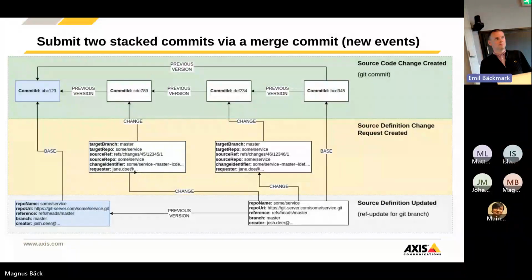Could I just swap the dimensions a bit? We have been talking about this being very Git focused and branch focused, and the current system is more, let's say, source change or pull request focused.